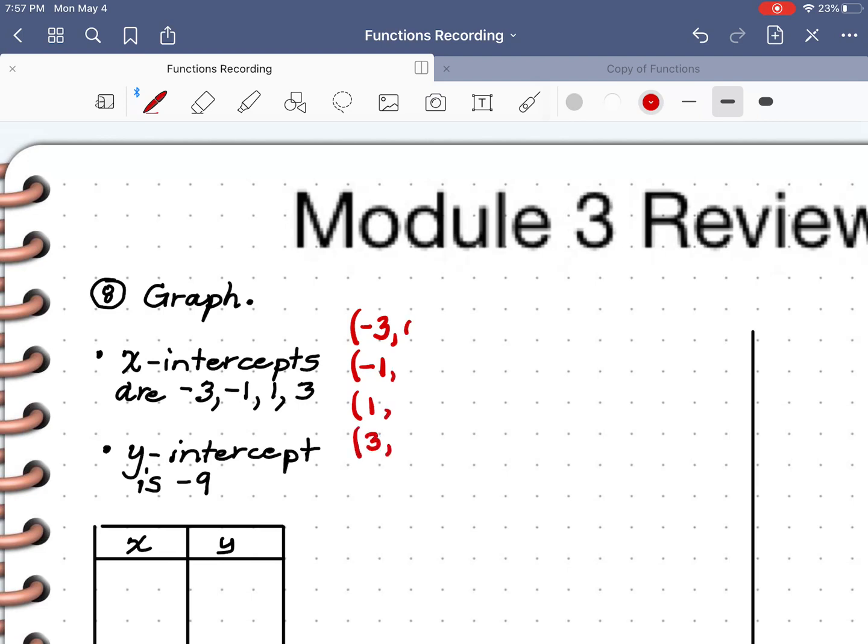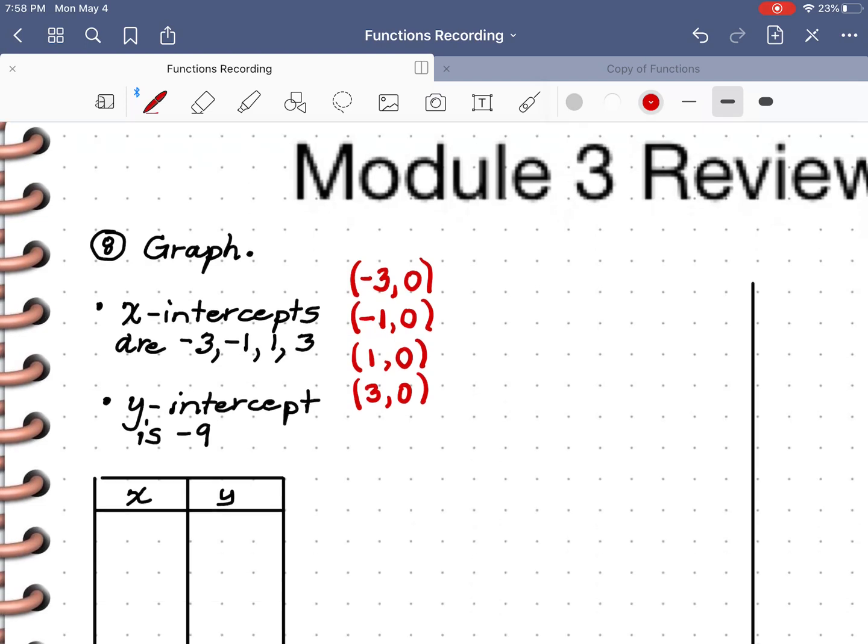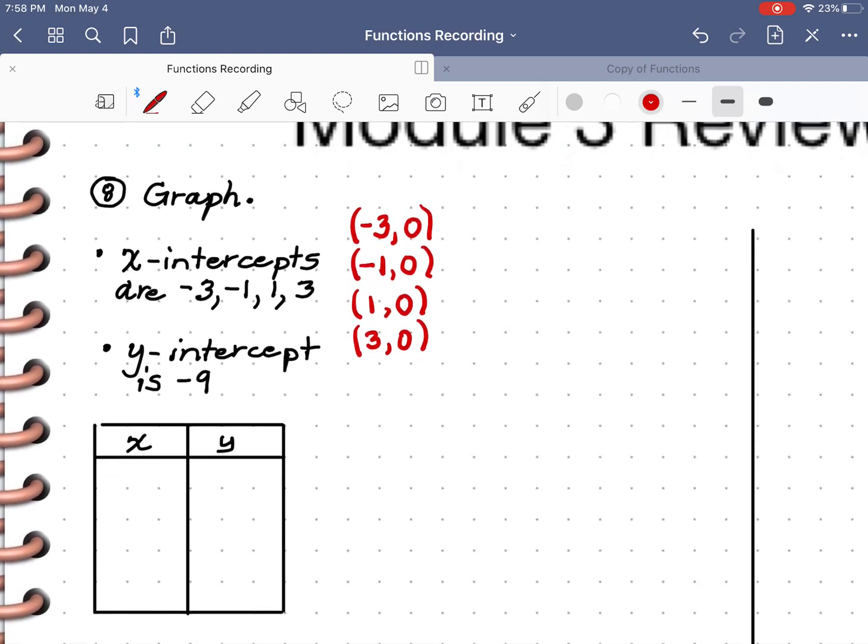And if they're x-intercepts, the y is 0. So there are 4 points right off the bat. And then this one is a y-intercept, so x would be 0 and y would be -9. Those are the table of values.